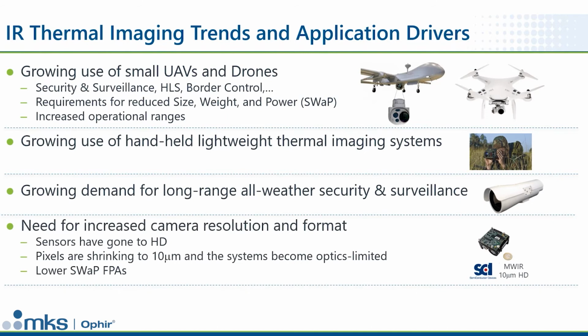On the detector side, there is a need for increased camera resolution and format, which means that sensors have gone to high-definition formats and the pixels are shrinking in size. The new generation of focal plane arrays and detectors have pixel size of 10 micron.